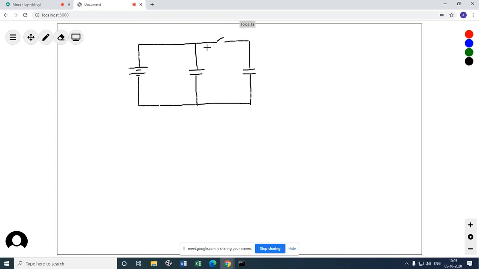These are two capacitors, 1 microfarad each. Okay, this is 6 volt. Now initially key is closed in the circuit.